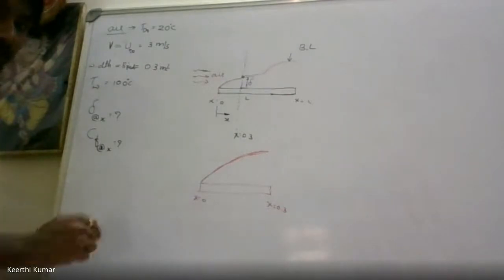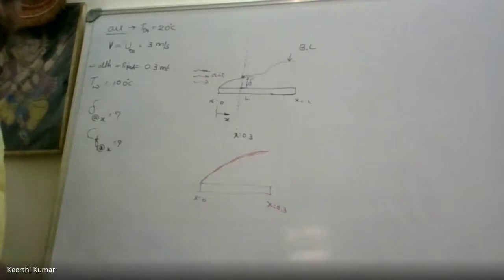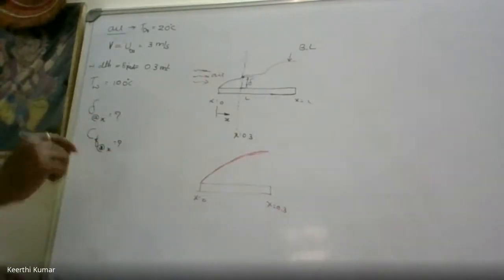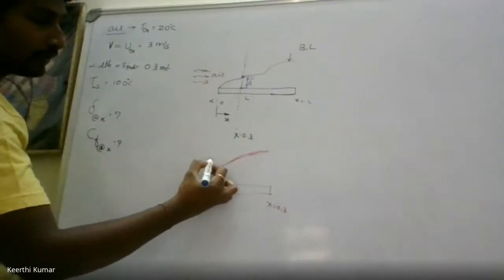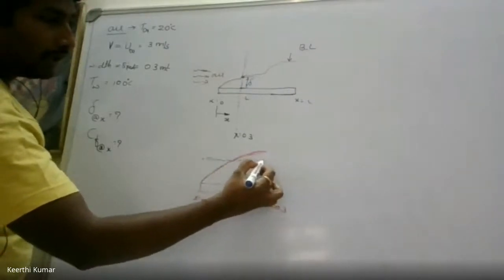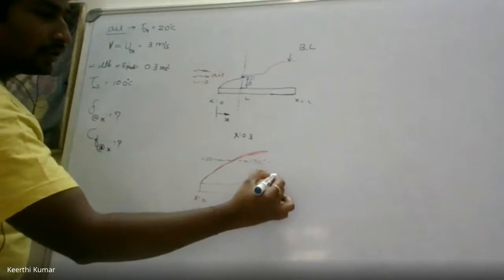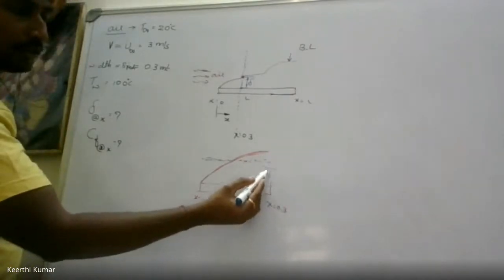So now what he is asking, of course, is the friction coefficient at x; at here you find out the friction coefficient, that we will do. Along with that, he is asking average friction coefficient. That means if I convert this parabolic curve into an average line, this is called CF average, friction coefficient average.